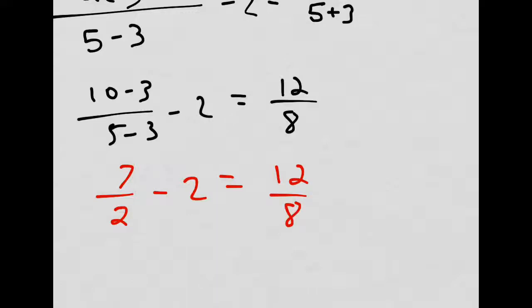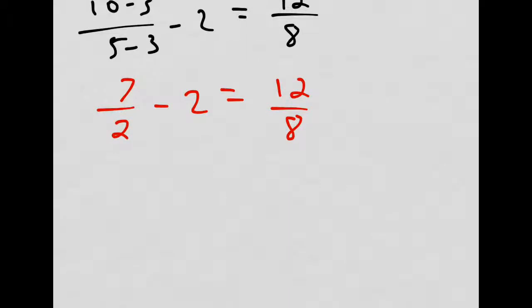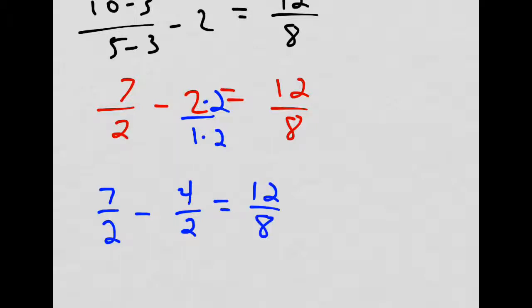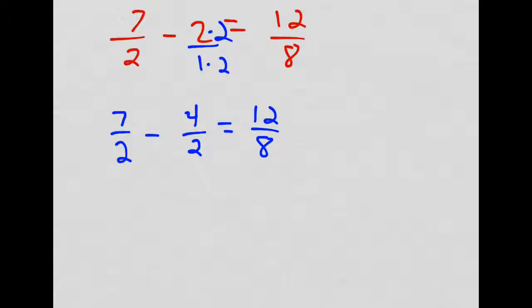What have I got to do to subtract? Find the common denominator. I need to change 2 to something over 2. So if I multiply this by 2 on the bottom and 2 on the top, that's 4 over 2. So 12 over 8 is equal to 7 minus 4, which is 3 over 2. 12 over 8, well, what have I got to do with this?